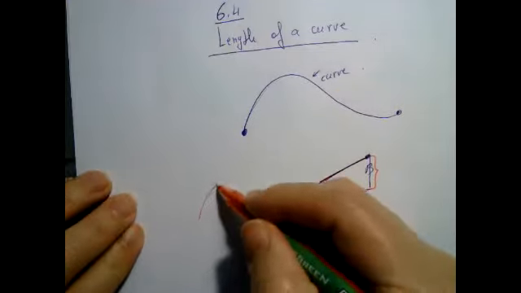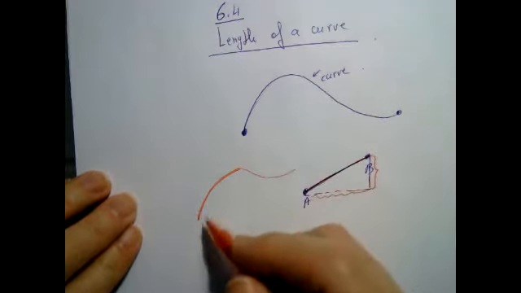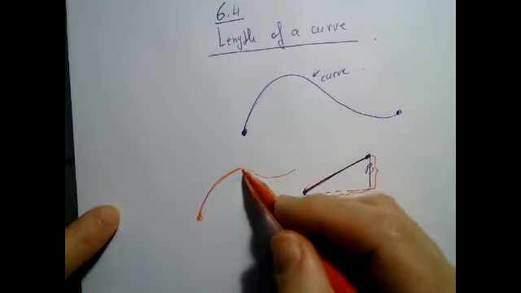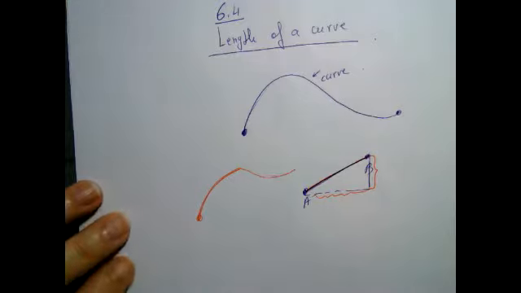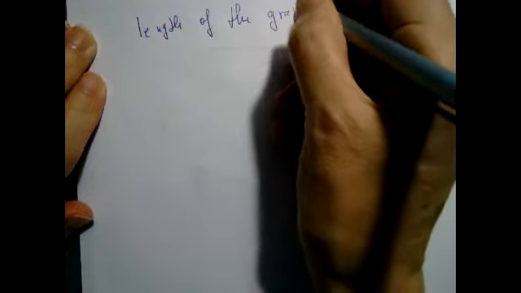When things start curving, there is a problem. How am I going to measure? I'm not going to, of course, stretch it. I have to find a way to measure this without actually stretching it. So our problem is going to be the following: the length of the graph of a function.